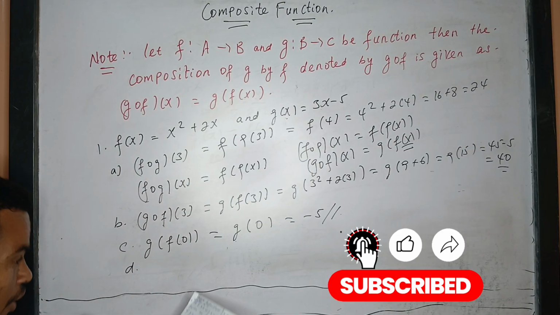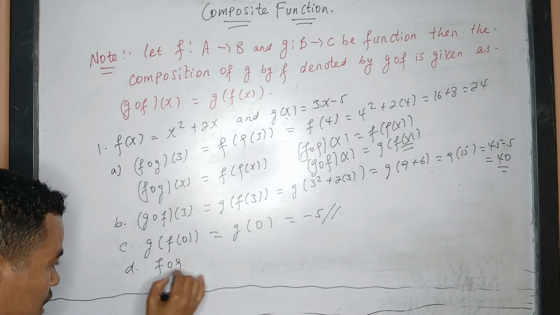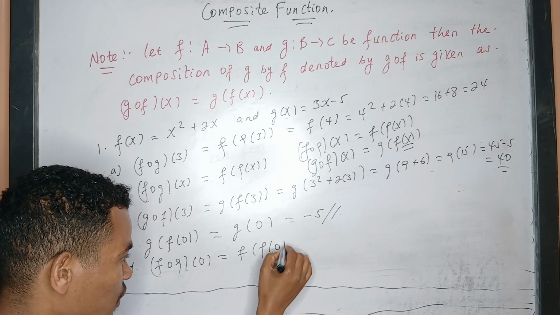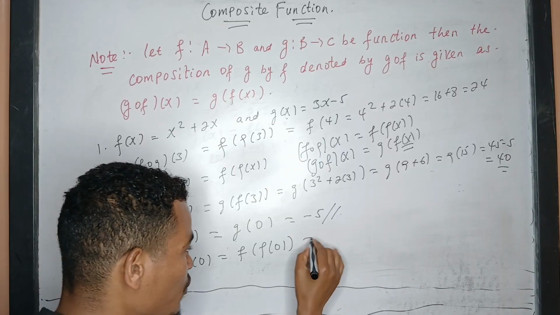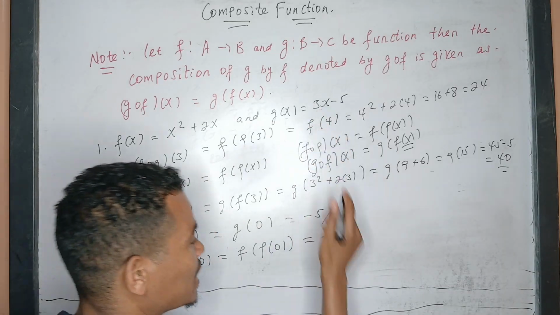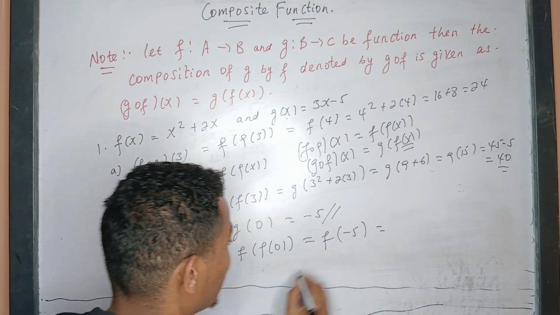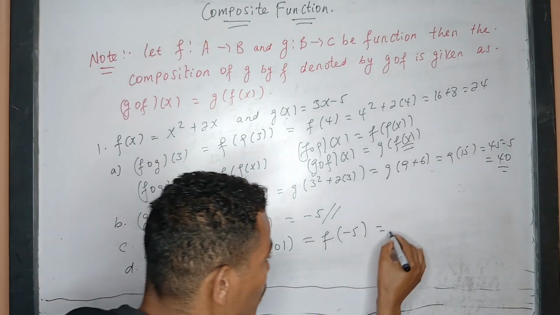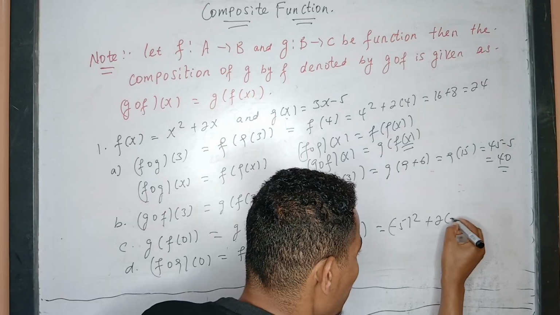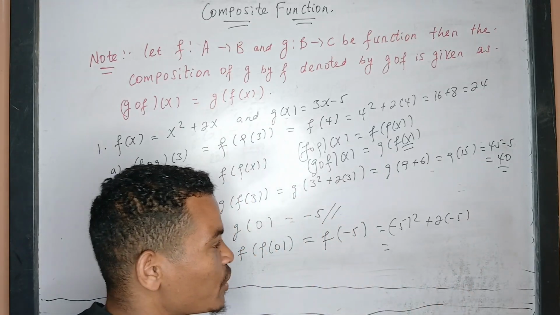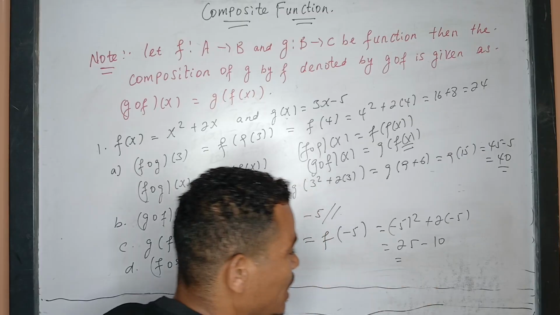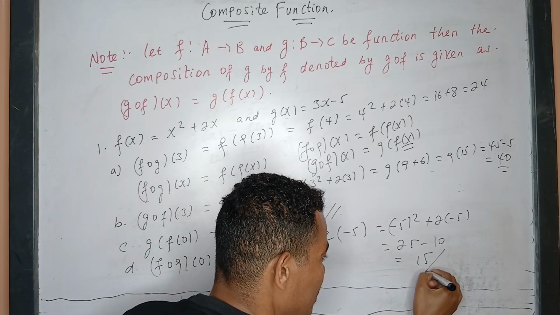In part d, (f∘g)(0) is f(g(0)). g(0) is minus 5 here. f(−5) is (−5) squared plus 2 times −5. (−5) squared is 25, minus 10, so 25 minus 10 is 15.